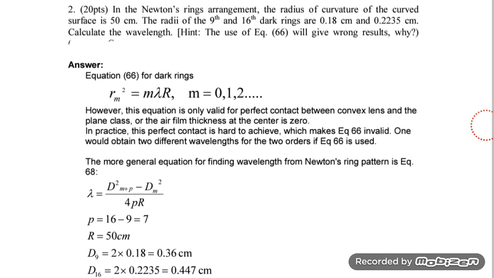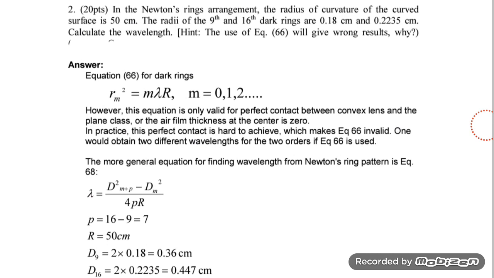Radius of curvature is also 50 centimeter. We have to calculate D9, that is double of the radius, so that is 0.36 centimeter, and D16 is double the radius of the 16th dark ring, that is 0.447 centimeter.